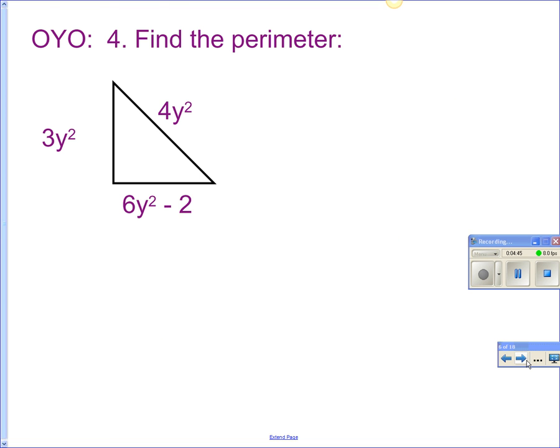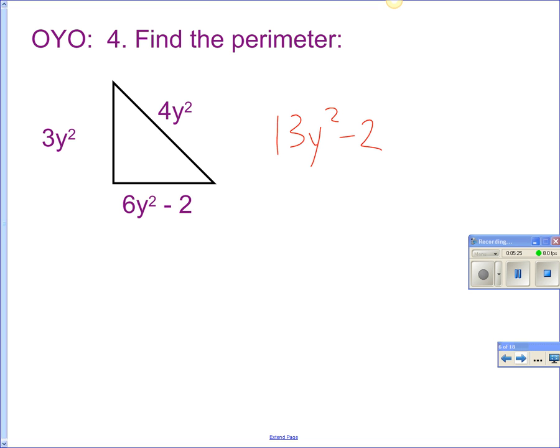All right, number 4, do that one, and then I'll put the answer up on the board. All right, it's 13y squared minus 2.